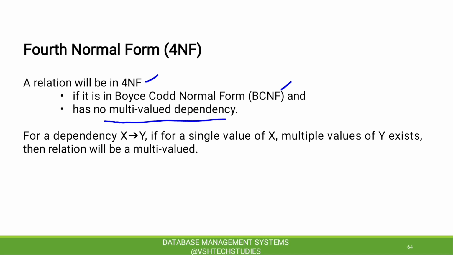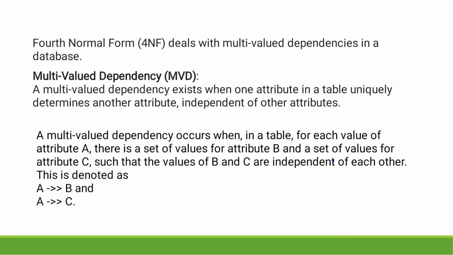For a dependency where X decides Y, if for a single value of X there are multiple values of Y, then the relation has a multi-valued dependency and cannot be in 4NF. To be in 4NF, first it should be in BCNF, and then it should not have multi-valued dependency. This symbol denotes multi-valued dependency.